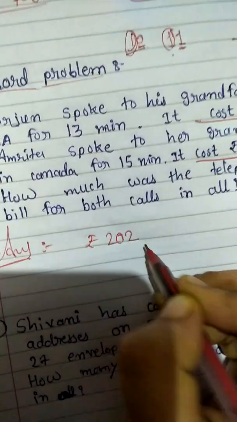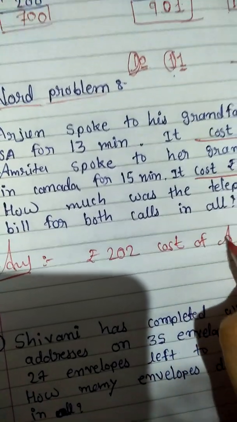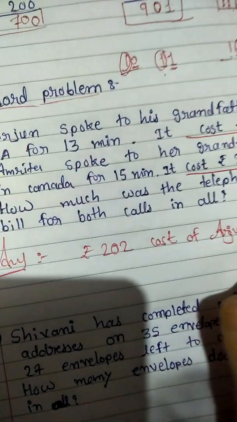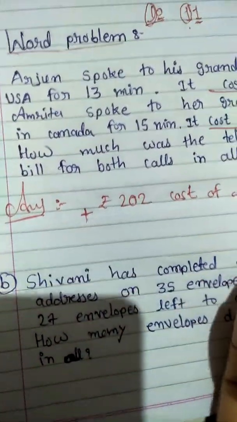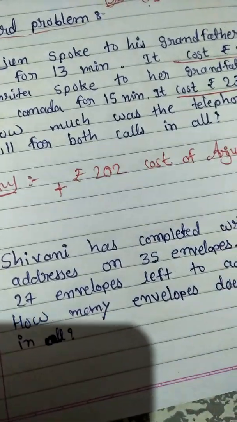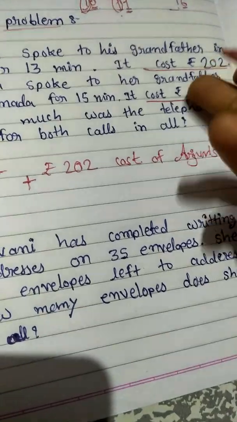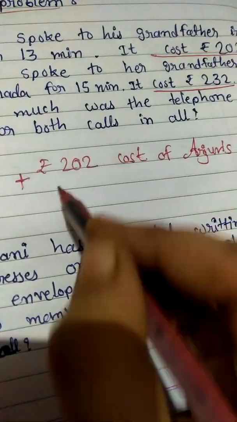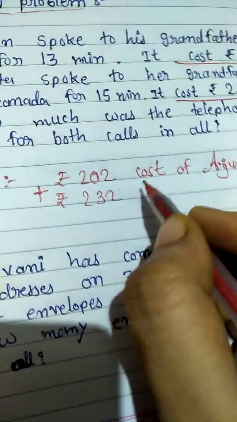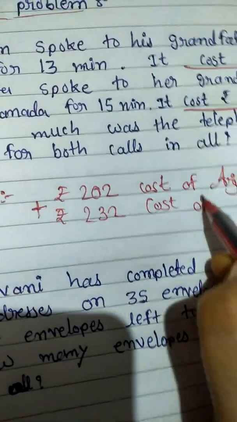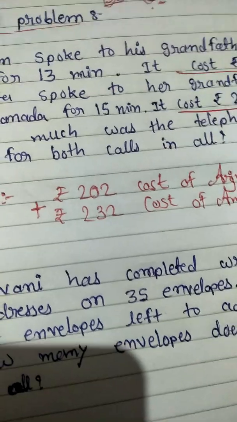Rupees 202, cost of Arjun's call. Plus. Why do we do plus? Because we need the total amount of the bill. So for the total amount of the bill we have to add both bills, no? So next Amrita's is 232, cost of Amrita's call.